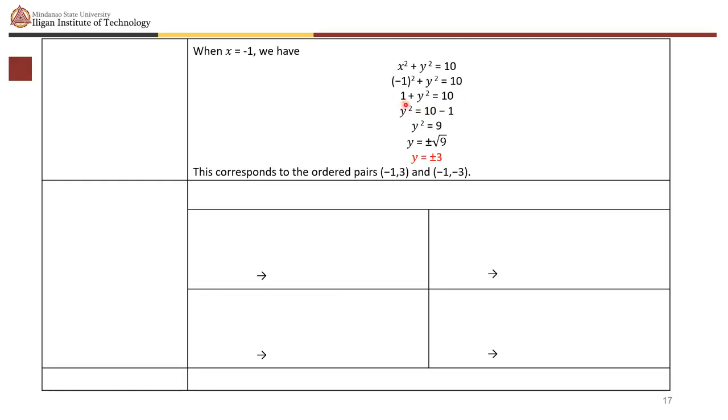So you have 1 here plus y squared equals 10. Y squared equals 10 minus 1. So again, y is equal to plus or minus 3. So this corresponds to the ordered pairs: x is equal to negative 1 and positive 3 for y, and then x equal to negative 1, we have negative 3.